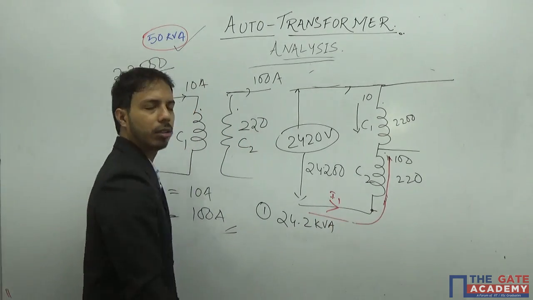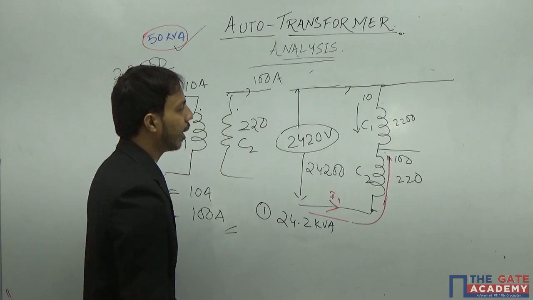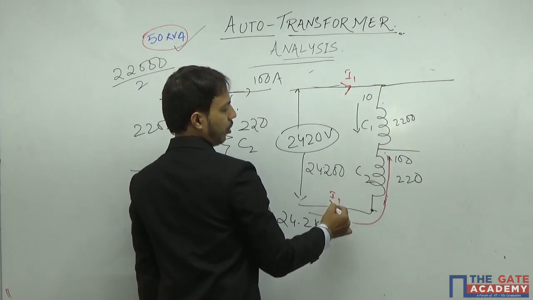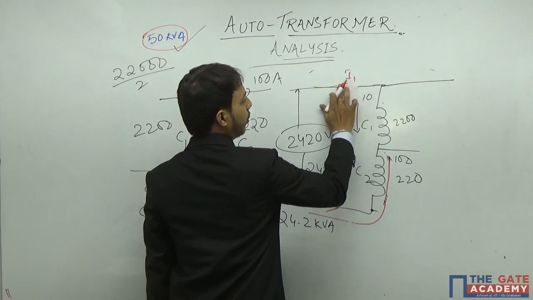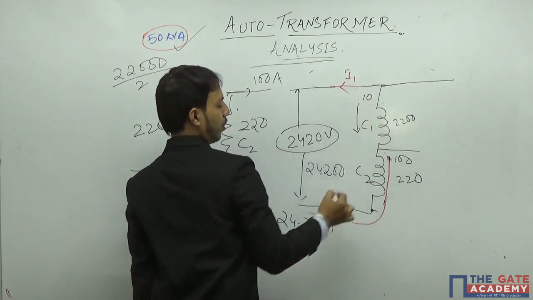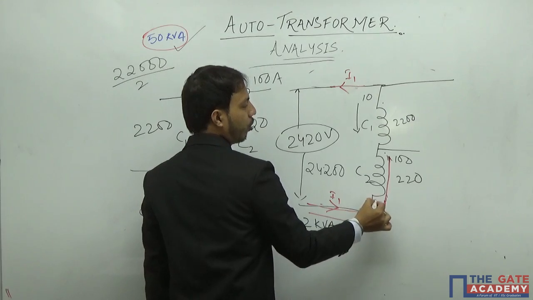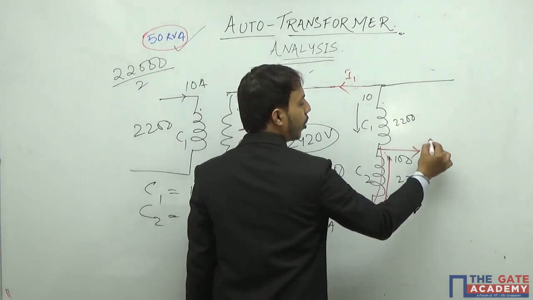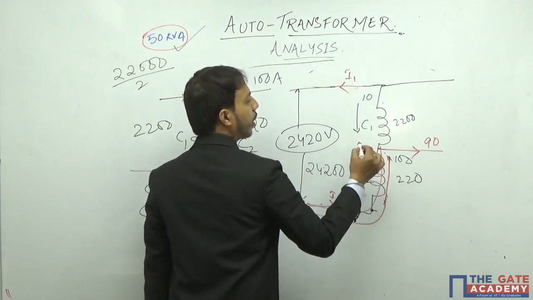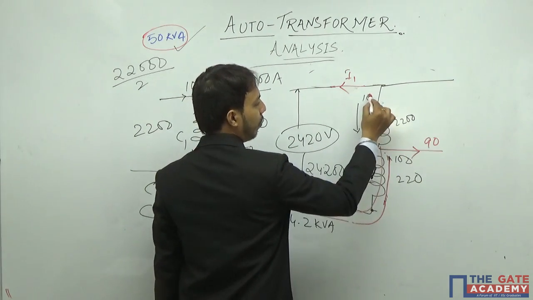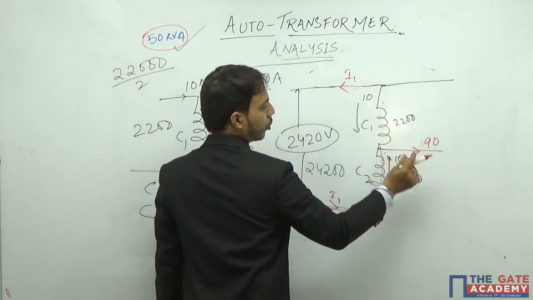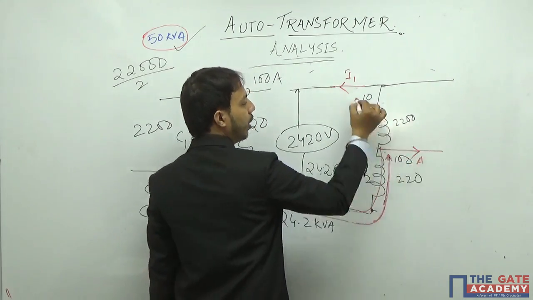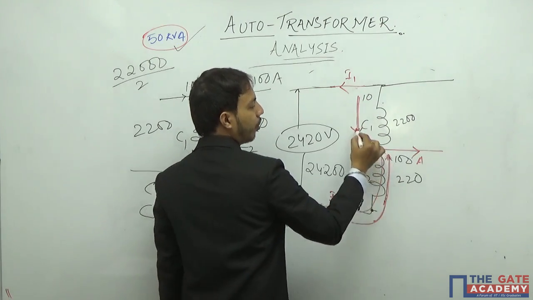This is I1. Okay? This is I1. So you see, this is I1 means in this way it will happen. So 100 ampere current will go here. Okay? 90 ampere current will come out from this side. And 10 ampere will be coming, 100 ampere current is coming from here, 10 ampere current is coming from here.